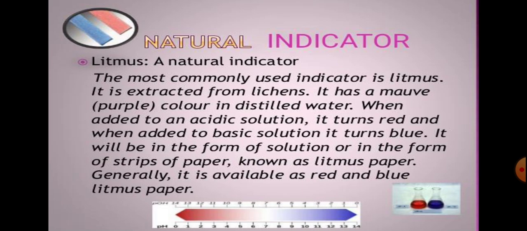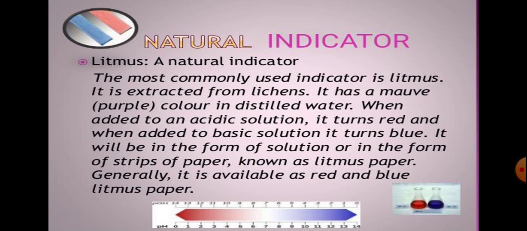We will now describe natural indicators. First is litmus. Litmus solution is a purple colored dye which is extracted from a type of plant called lichen. Litmus has a purple color in water.